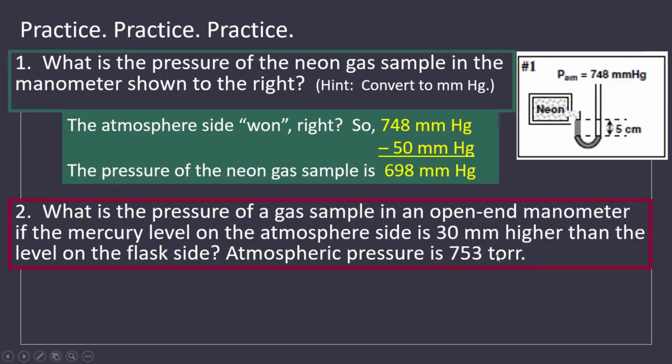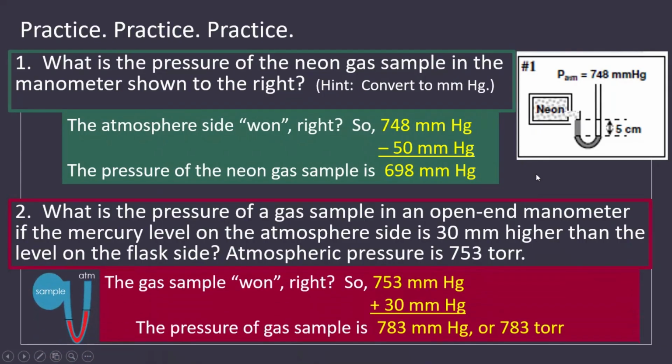We have 753 torr, and we're adding 30 millimeters of mercury. Here I just drew a little sketch of the open-ended manometer. So 753 millimeters of mercury plus 30 millimeters of mercury gives a total pressure of the gas sample of 783 millimeters of mercury, or 783 torr.